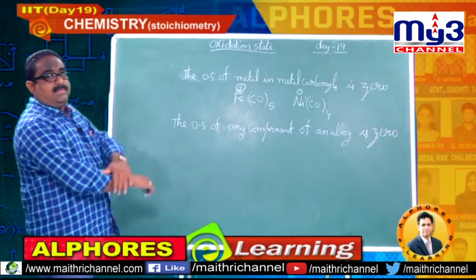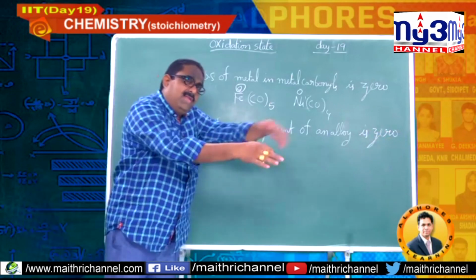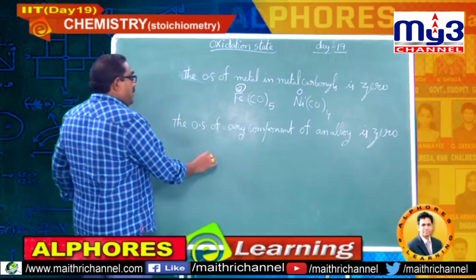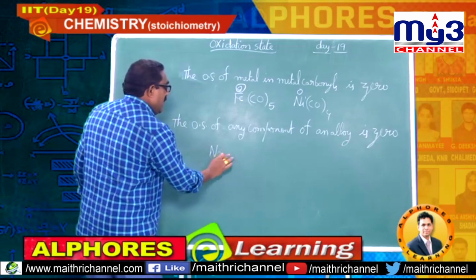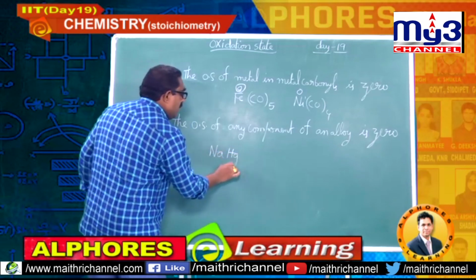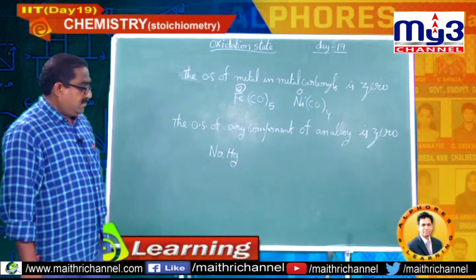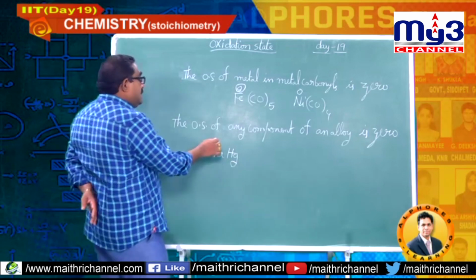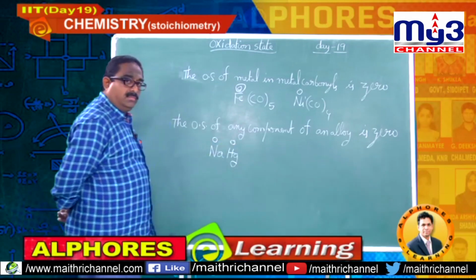What is an alloy? A mixture of two or more metals, or a mixture of a metal with a non-metal. Suppose I take sodium amalgam, where sodium and mercury are the components of the alloy. If you take this alloy, the oxidation state of sodium is 0 and that of mercury is also 0.